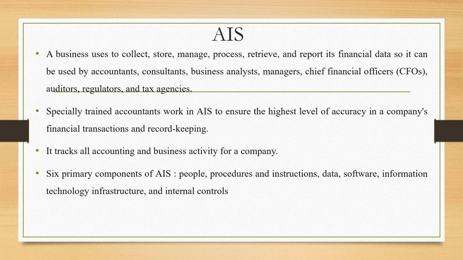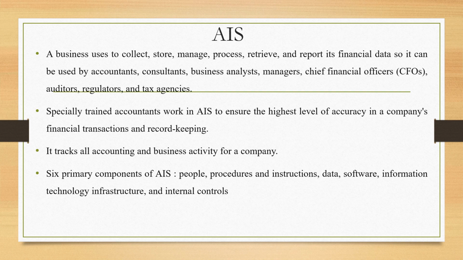Especially trained accountants work in AIS to ensure a high level of accuracy in a company's financial transactions and record keeping. So the data should be highly accurate so that we can get a correct report. The data should be perfect. Also, it is used to track accounting and business activity for a company.